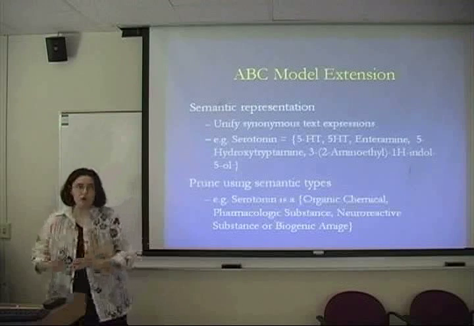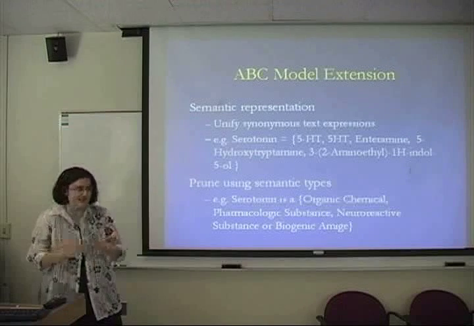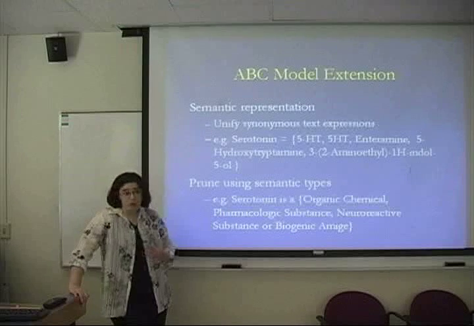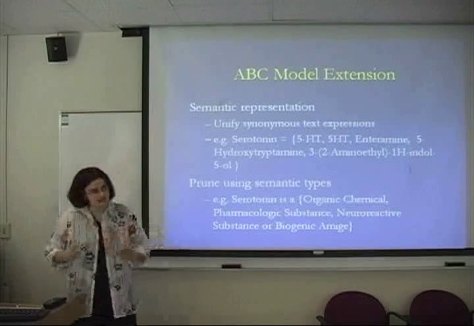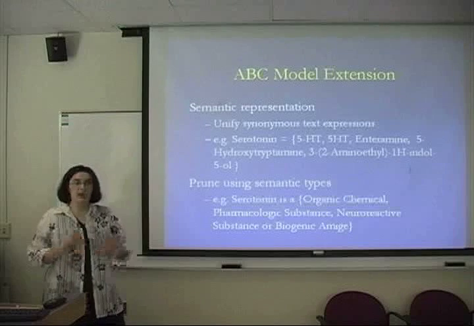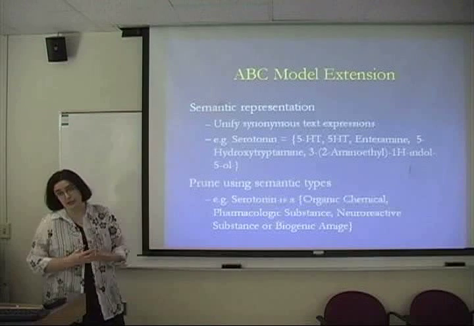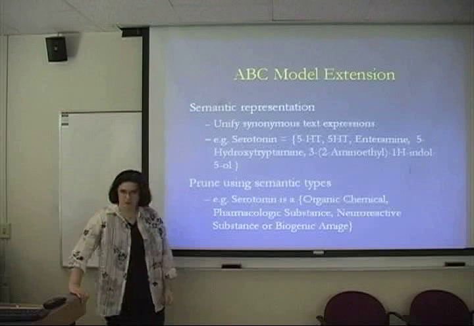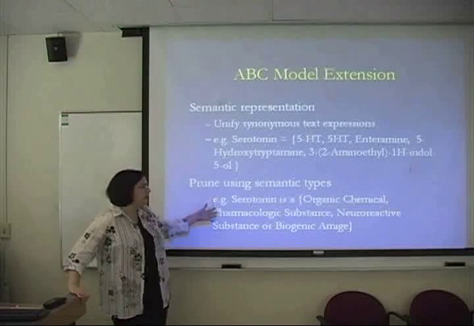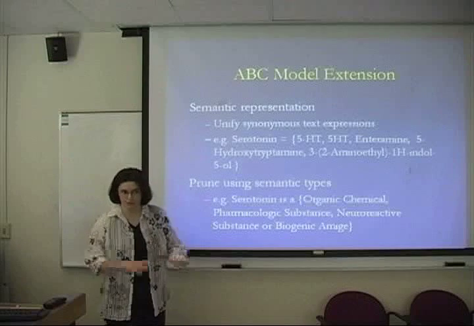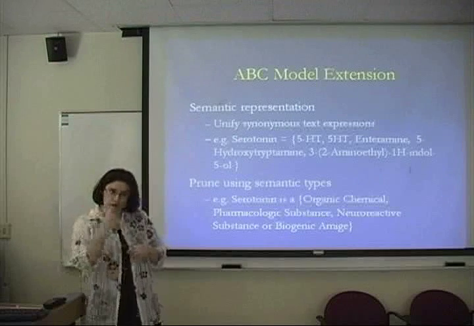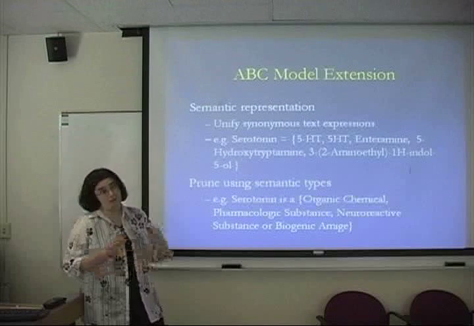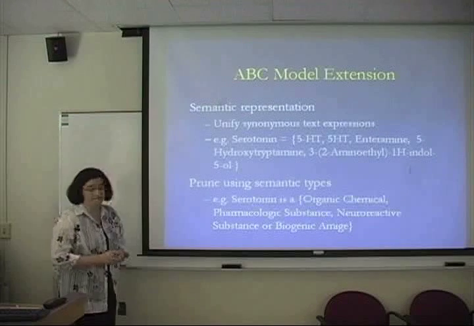So because we know that they're physiological aspects, then we should be able to know ahead of time what kinds of things would make sense as B terms and what kinds of things would make sense as A terms. And so we actually tapped into a knowledge source and used semantic types in order to make sure that the concepts that we were getting at each of those points were actually of a valid semantic type.